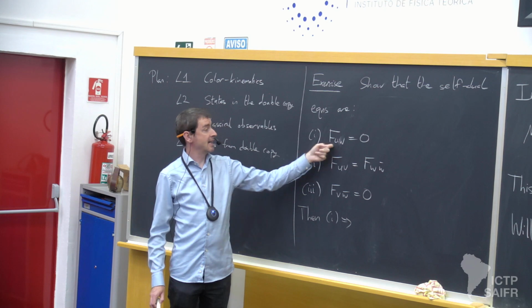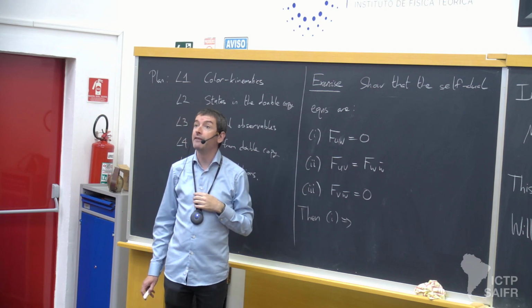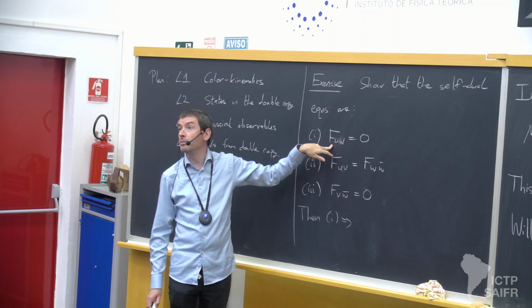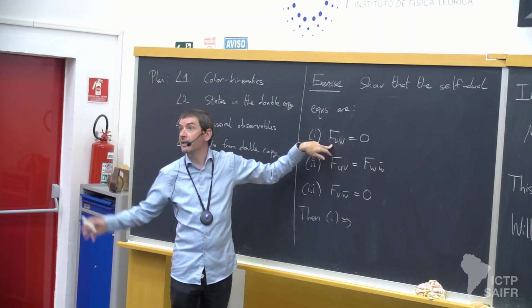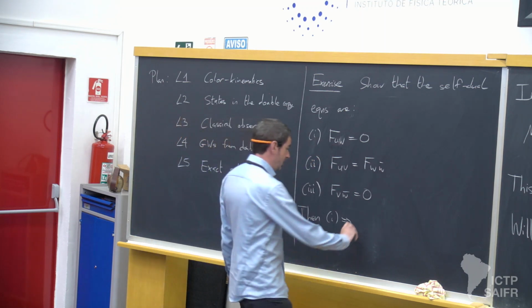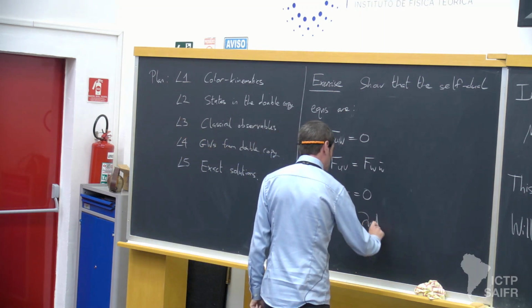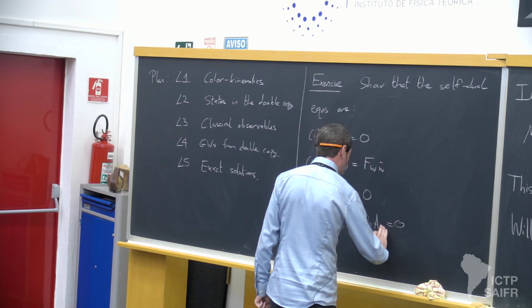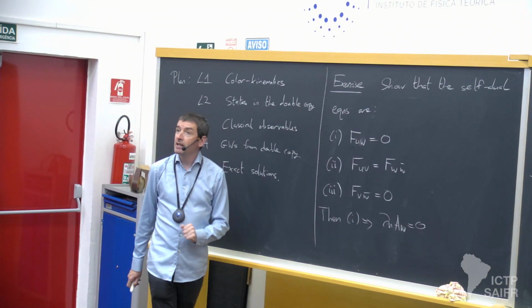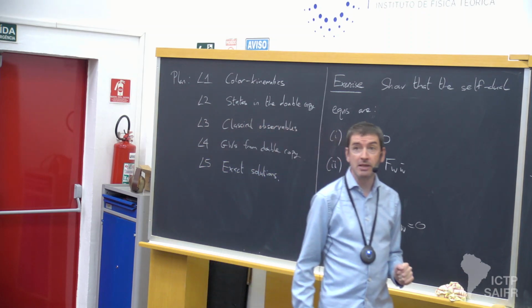So this component of F is super simple. The only thing in here that's non-zero is d_u A_w, since d_w A_u is 0 and the commutator is linear in A_u, so it's 0. So this thing is d_u A_w, and that is 0.